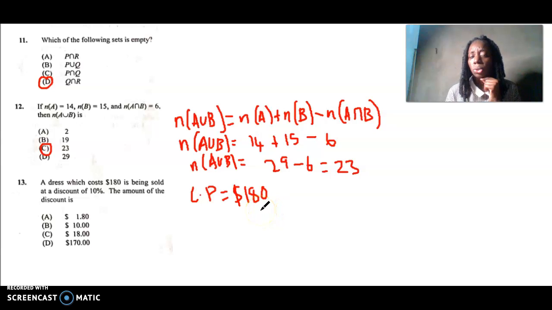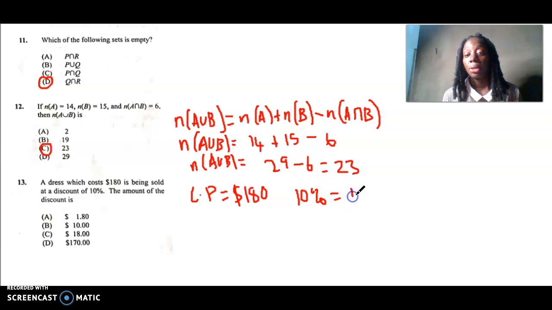Now how can we do that? Well, we know that 10% is basically equivalent to 10 over 100. All right, so we can write 10% as 10 over 100.